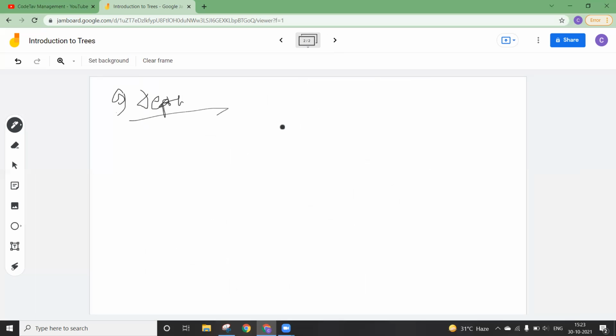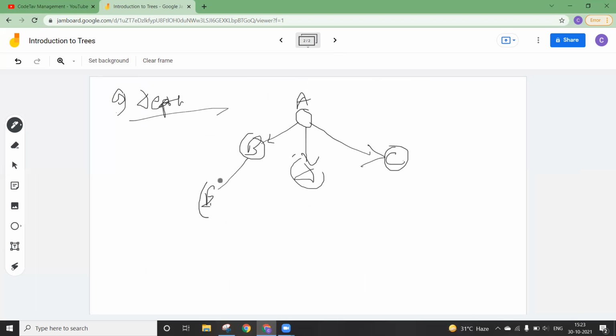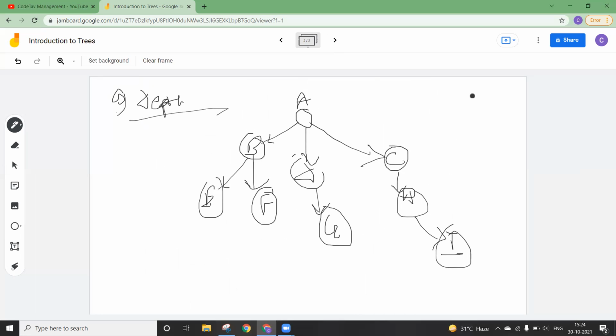I can draw another picture here. This is A, suppose. This is B, this is C, this is D, then this is E, F, G, then H, then I. Okay, so depth.